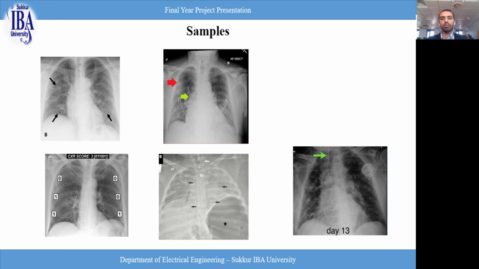We have tried to reduce them as much as we can, and we have come through some solutions. We have removed this kind of arrows to avoid any underfitting or overfitting or any issues coming in the training of the model.